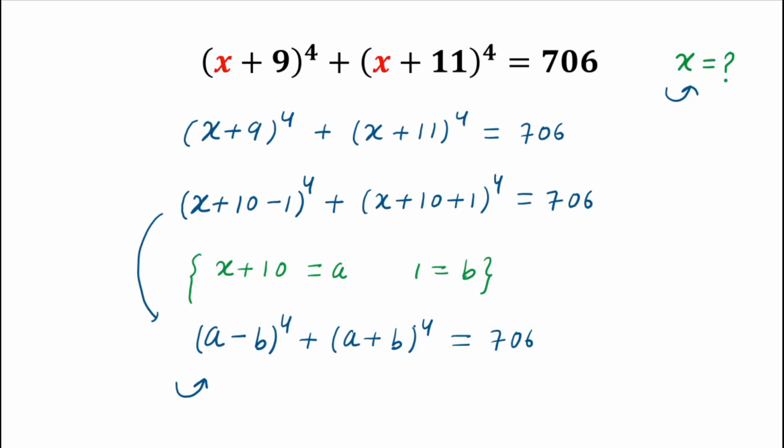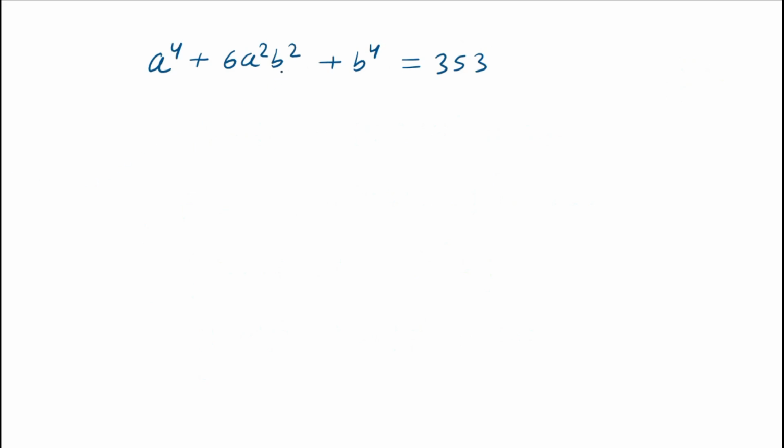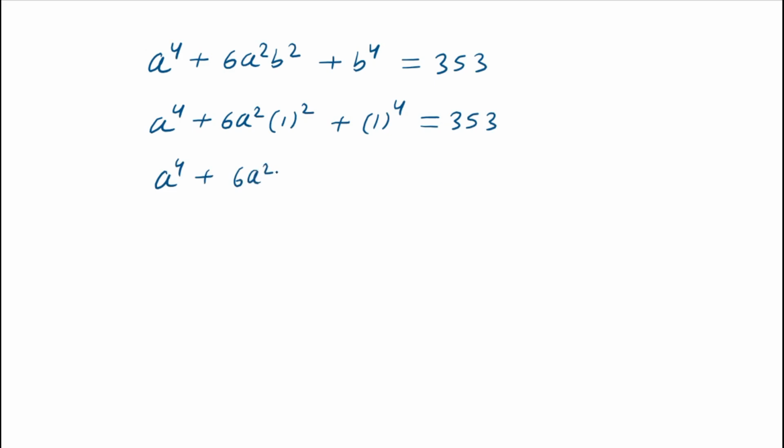Look carefully, here the value of b is 1, so first we will replace b by 1. a^4 + 6a^2(1)^2 + (1)^4 is equals to 353. 1 square is 1 and 1 is multiplied by 6a^2, then you will get 6a^2, plus 1^4 is 1, and this is equals to 353.